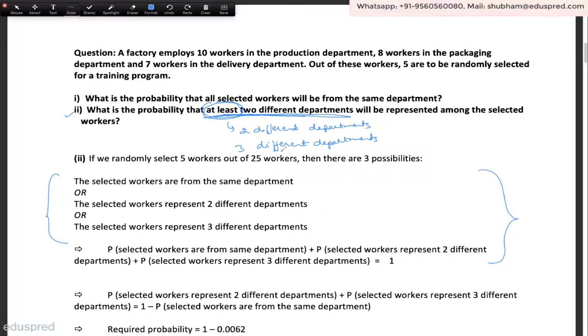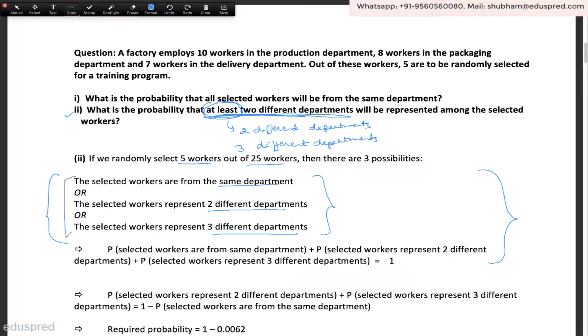So let's see, how can we do this? If we randomly select 5 workers out of 25 workers, how many possibilities do we have? We have these 3 possibilities. It can happen that all the workers come from the same department. It can happen that the selected workers represent 2 different departments, or it can happen that the selected workers represent 3 different departments.